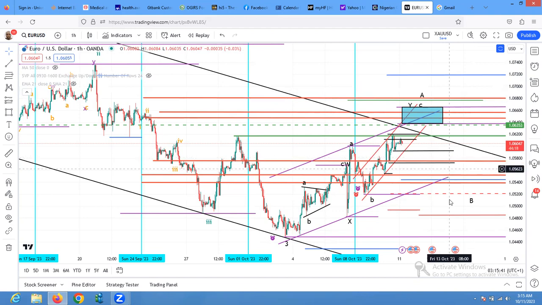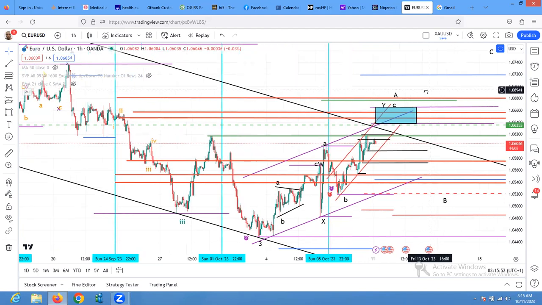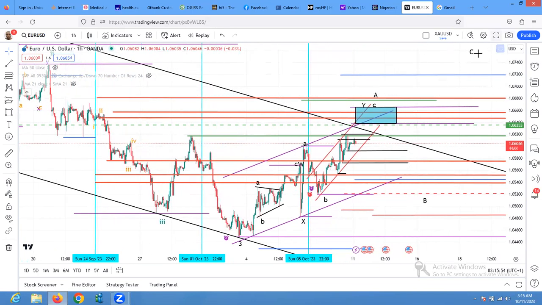Or they can decide to make it an impulse right away from B. The way it's going to go, we don't know. We're going to figure that out. But this is the area we are expecting at least C to get to before we begin to come down again to do wave 5.